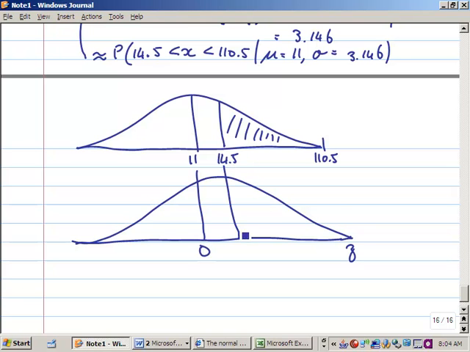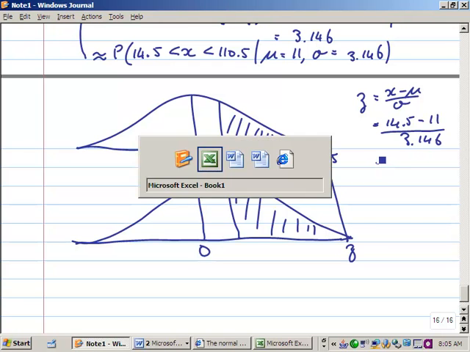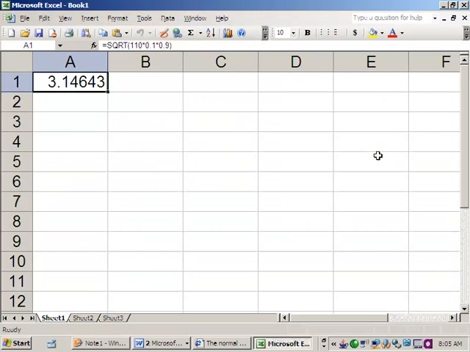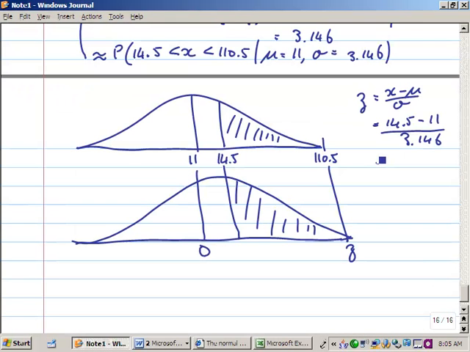Alright, and we find the corresponding values on the z-distribution so we can find those probabilities. Alright, so again, x minus mu on sigma. X, the lower limit in the first, 14.5 minus mean of 11 divided by the standard deviation, 3.146, is 1.11.